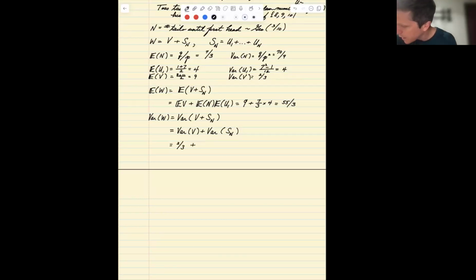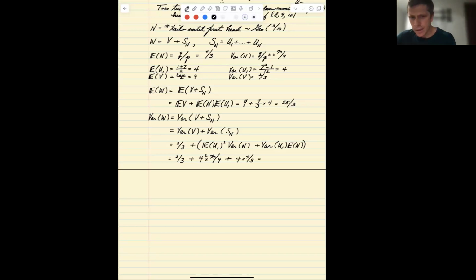The variance of V is 2/3 plus, we need now the expectation of U1 squared as the variance of N, plus the variance of U1 times the expectation of N, which is 2/3 plus 4 squared times 70 over 9 plus 4 times 7 over 3. It's 134 4/9.